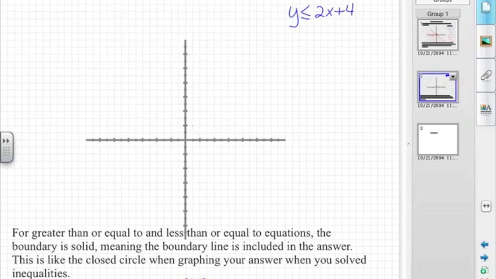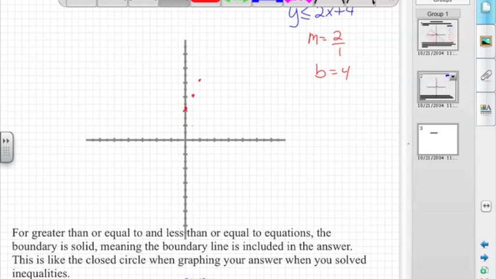So from this, we can find that the slope is 2 and the y-intercept is 4. So if we go to y-intercept 4 and the slope is 2, up 2 over 1, up 2 over 1, up 2 over 1, we can actually put that line on the graph. This time it's going to be a solid line.